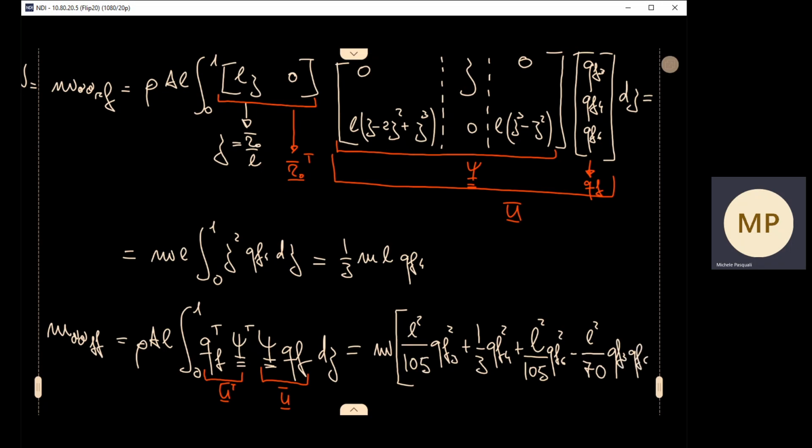I mean, the values are not actually very important. It is important that you understand the process, okay?